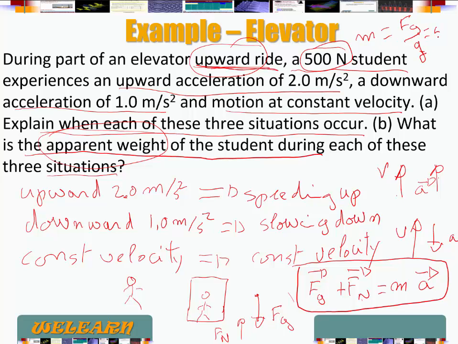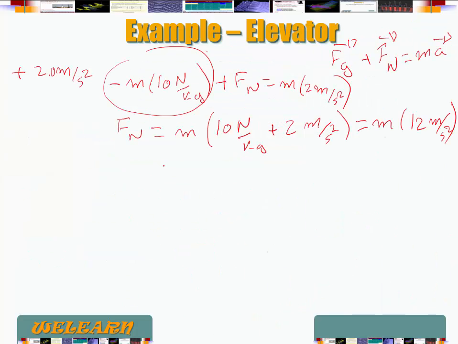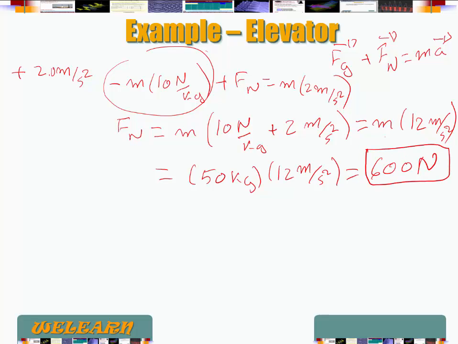That gives us 50 kilograms. So in this case, our Fn is 50 kilograms times 12 meters per second squared, so that gives us 600 newtons. Quite a gain in weight.